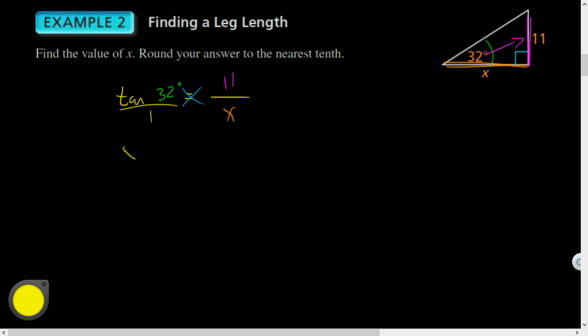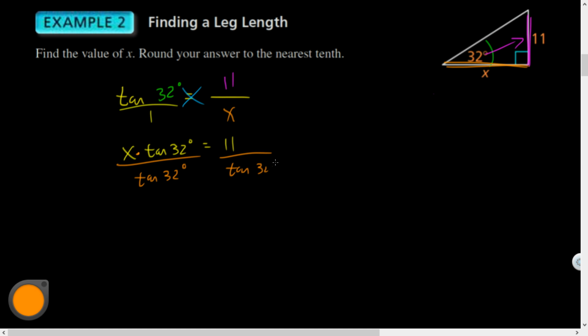So I'm going to have x times tan 32 is equal to 1 times 11, which is 11. So now x is being multiplied by some number, which is what tan is. So how could I get x by itself? Well, it's being multiplied. But right idea. Thank you for trying though.